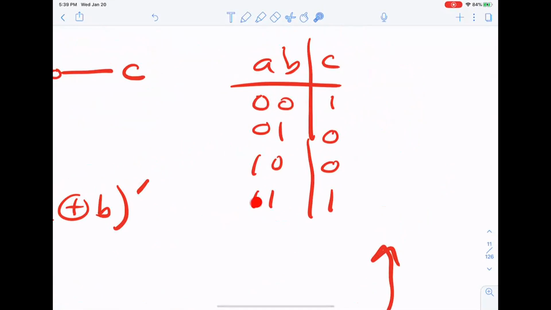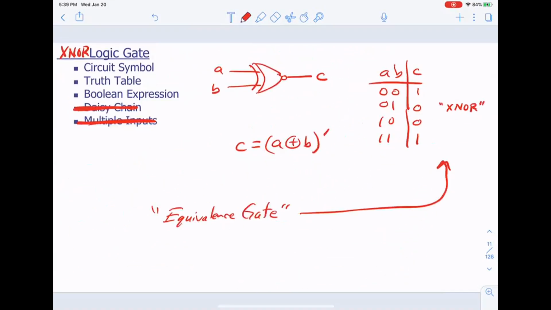If A is equal to B, then it's high. But most of the time when we see this, we're going to say XNOR. I don't think we encounter it very much in this course beyond today, but it's good to know that if we have it in lab and if it helps you solve a problem, by all means, go for it.